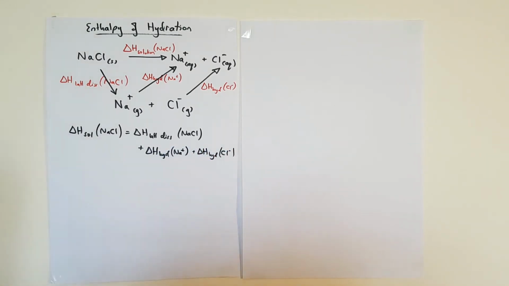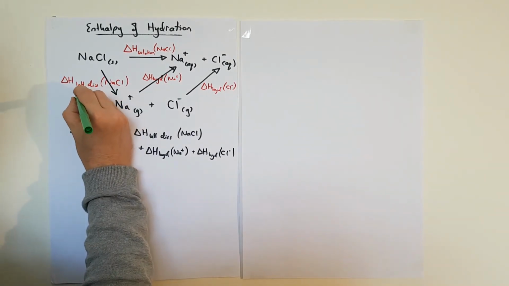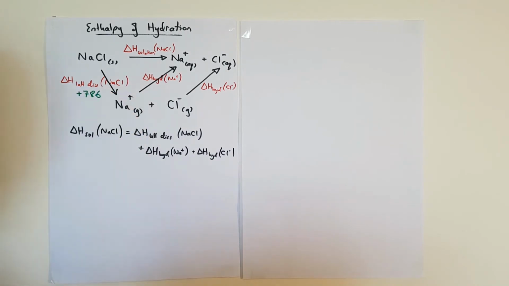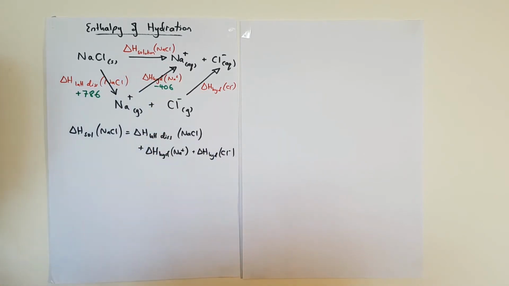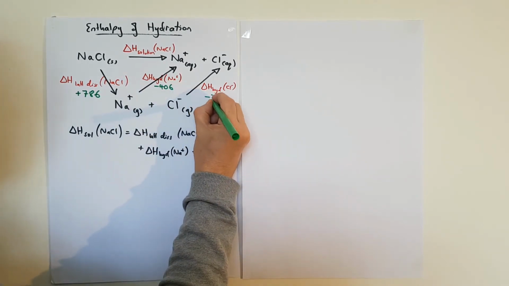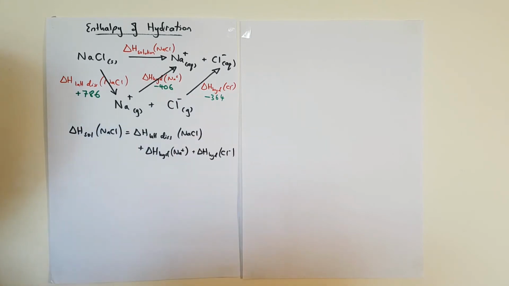Right. Okay, let's put in some numbers. So, lattice dissociation enthalpy of sodium chloride is 786, big positive number. Hydration enthalpy of sodium minus 406. Hydration enthalpy of chloride minus 364.